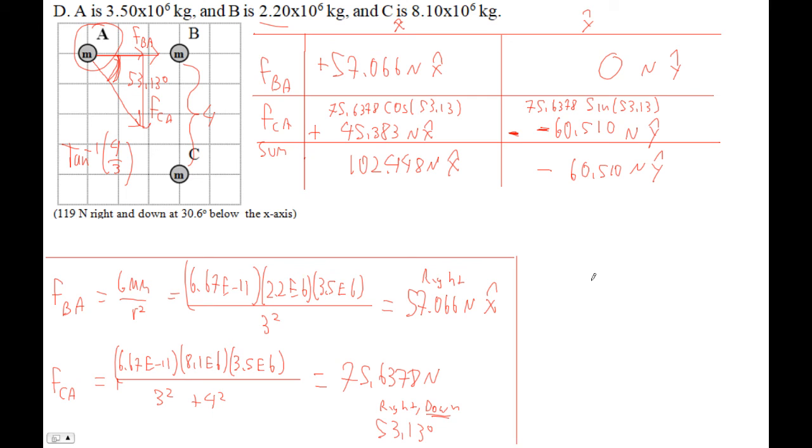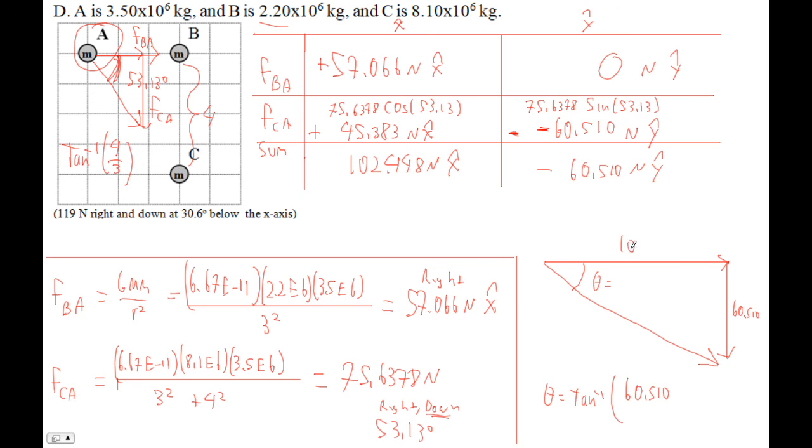Okay, now we're ready to draw a picture of this. So the picture looks like this. To the right, and then down, right? How sad is it if you draw the picture wrong at this point? Okay, so let's find that angle. That angle right there is tan minus 1 of 60.510. That's this side, right?